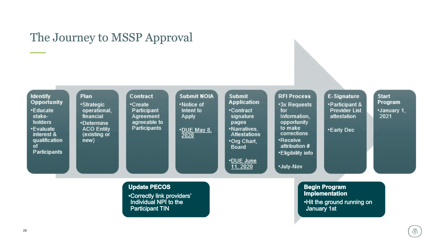There's also just some basic decisions about legal entities. What will the ACO entity be? Is that something new or something existing? There's contracting, so you need to have a participant agreement. And this part of it seems straightforward because there are template agreements out there, and there are certainly required elements that have to be in the agreement.